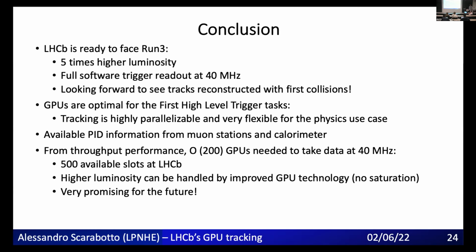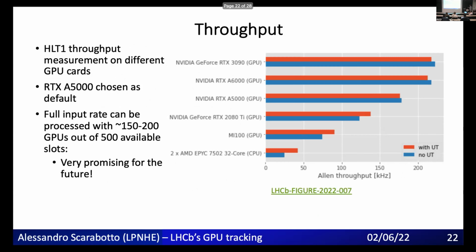Going back to the throughput chart, with UT and no UT, what is the advantage of using the no UT? It looks almost the same between them. In practice, the UT really helps tracking.